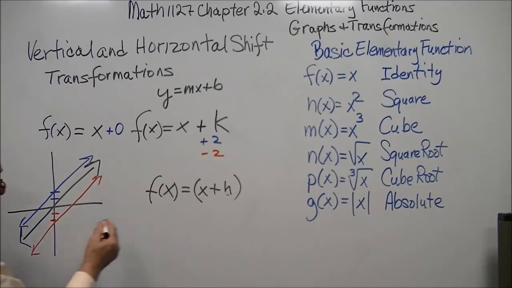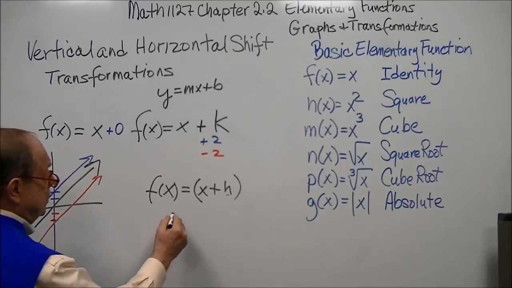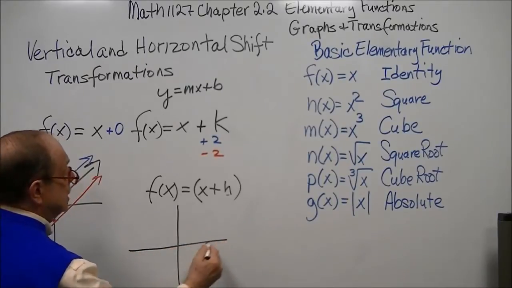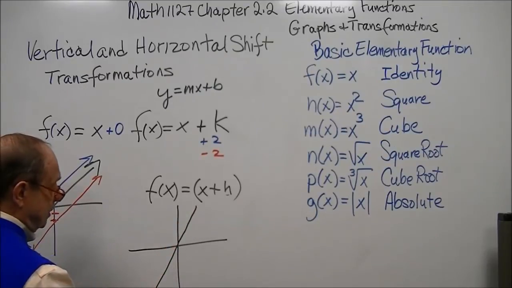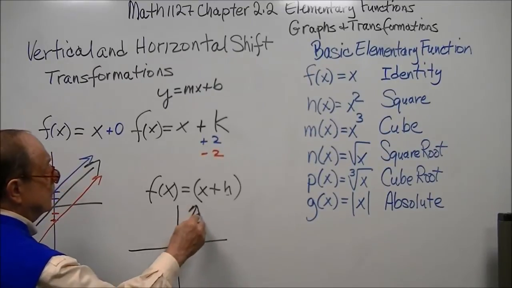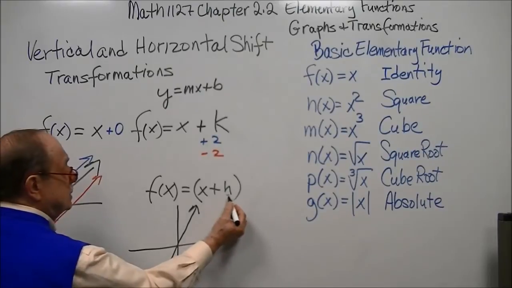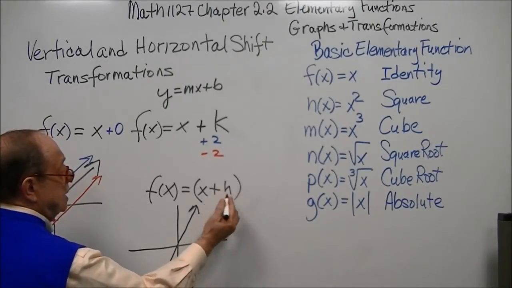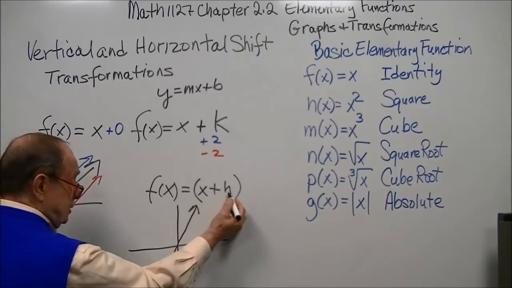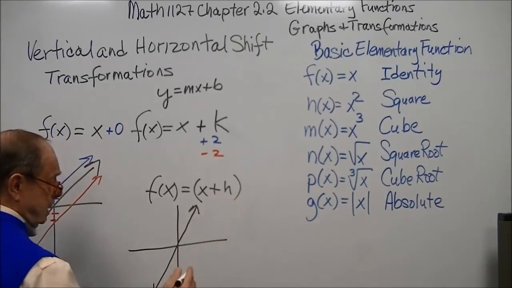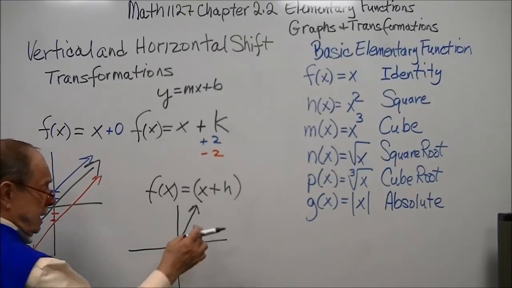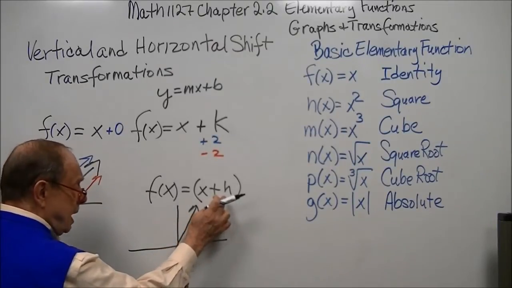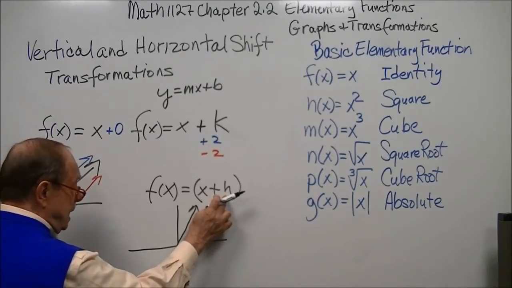Now, this next one, when we think of what's going on, again, our original line was like so, but now we're introducing a new variable, h. It's a little confusing, but you move it the opposite sign of h.